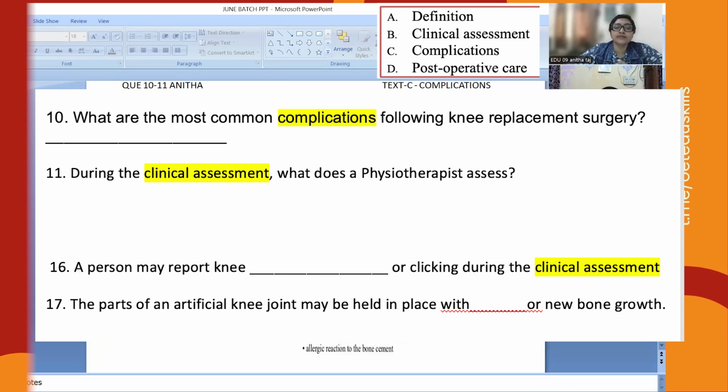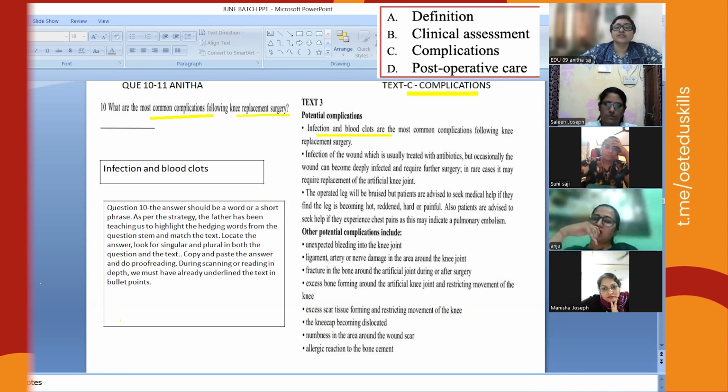This is the question. When we highlight the keyword, we can understand that common complication comes under the heading complication. That is text C. It's already in the topic sentence. Clearly, it has been said that infection and blood clots. So directly we have to copy and write the answer without any change.